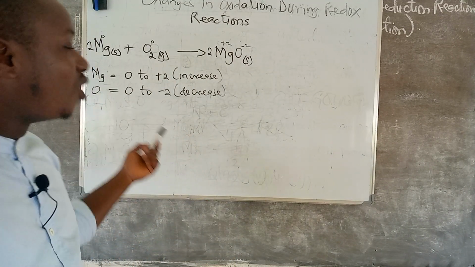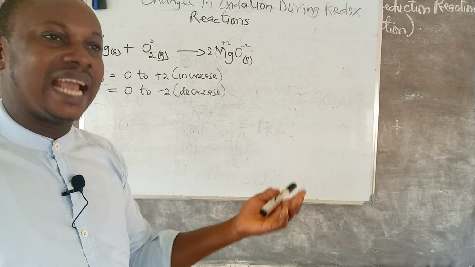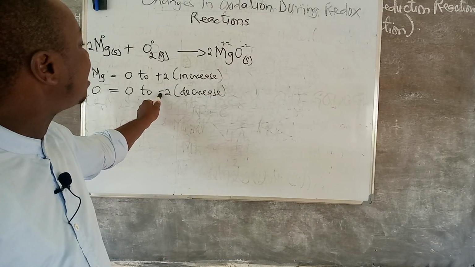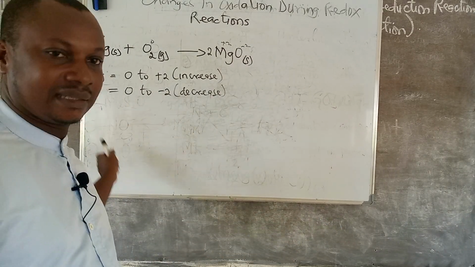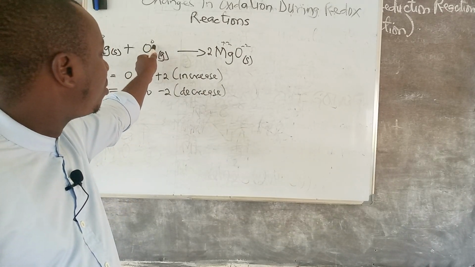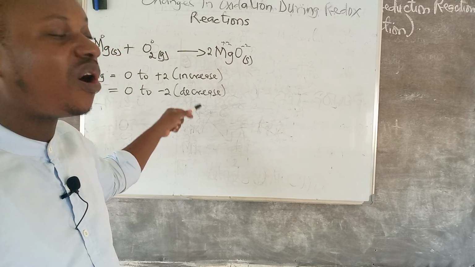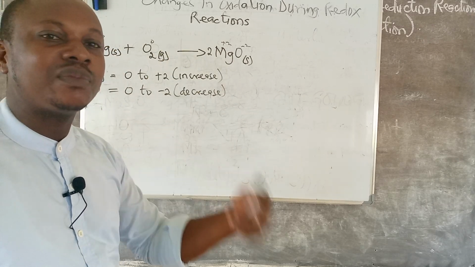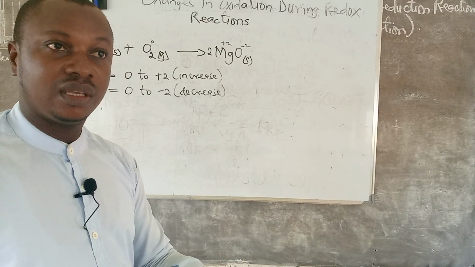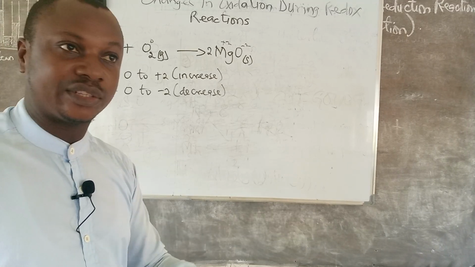Don't forget, when you apply a mathematical idea to this, you may get it wrong because minus here means acceptance. Oxygen is zero and has been reduced to minus 2. When we say something has been reduced, it means it has gained electrons.